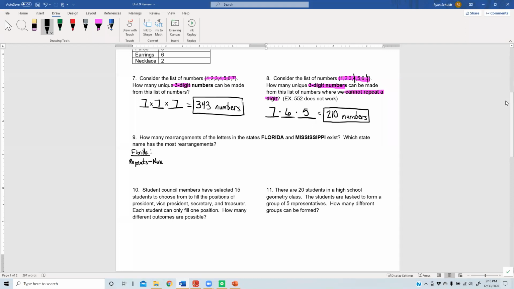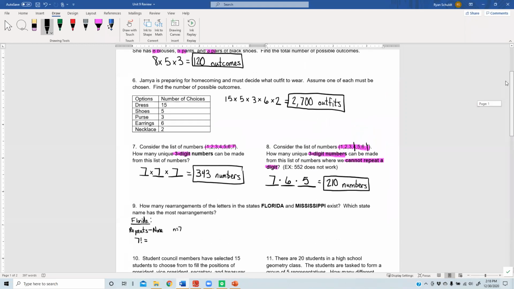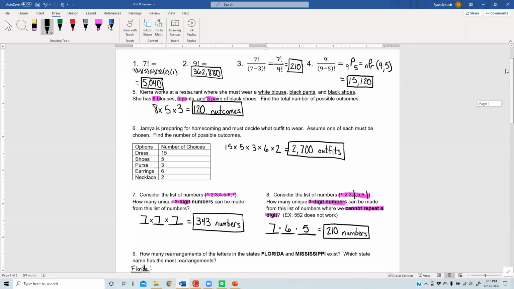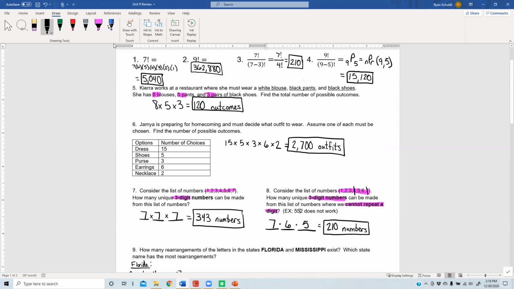How many letters does it have? Florida has 1, 2, 3, 4, 5, 6, 7 letters. So the number of ways would be 7 factorial, which conveniently enough, we did that up here already. 7 factorial, because I'm lazy and don't want to type it in again. 7 factorial, 5,040.